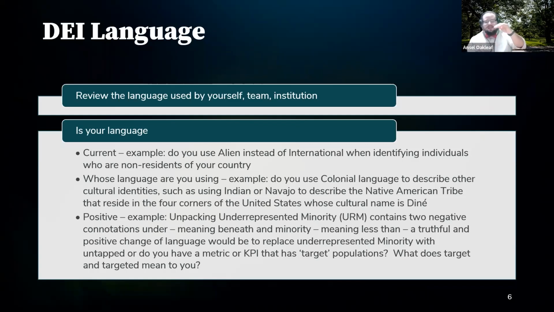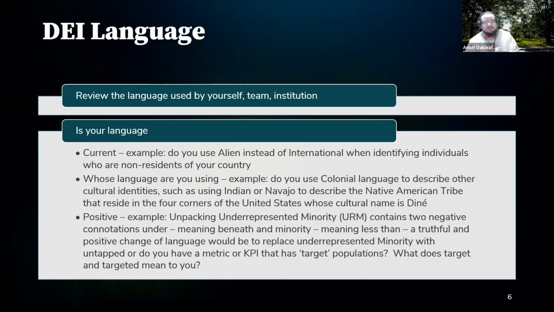So someone who is beginning or less than. So it tends to be more negative. Minority also meaning less than. So if we have these two negatives, in essence, some of these groups are underrepresented. They are a minor group, but we tend to think of them negatively. So a way for us to find a positive word that would have similar meanings, connotations, but makes it a lot more friendly.